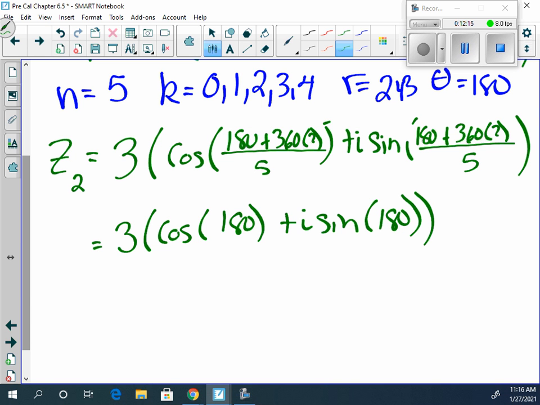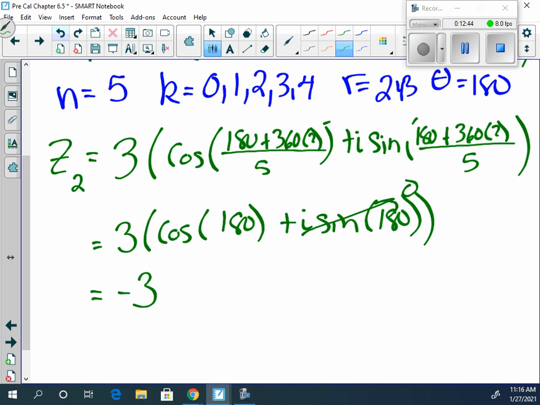No, last time was 108. Cosine of 180 is negative 1, and sine is 0. Cosine is -1. Yes? Yes.